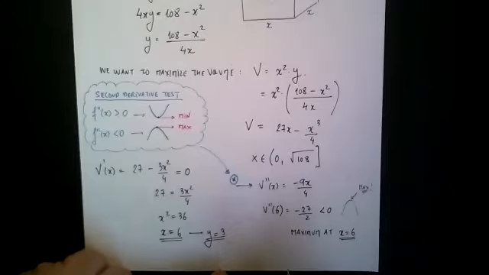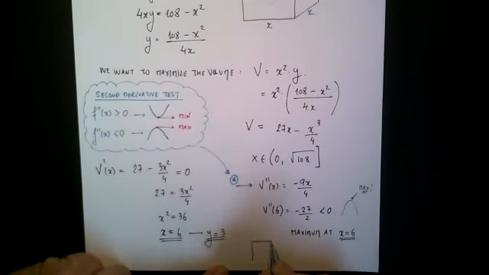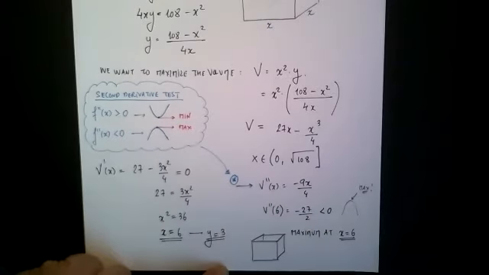And therefore, the dimensions of the box that maximizes the volume will be, so I'm going to draw the box again here. It's a bit small. It will be, of course, 6 meters by 6 meters. Good, my base is square, and this is 3 meters.